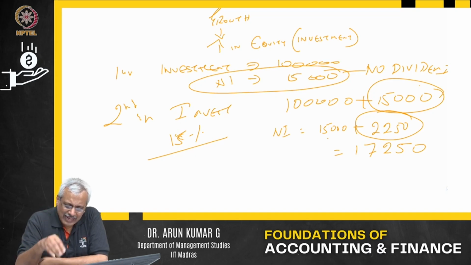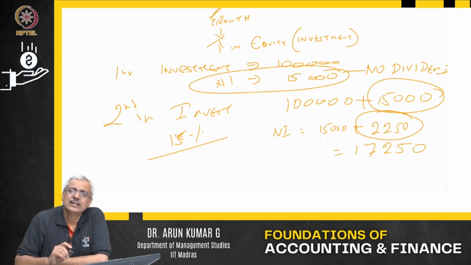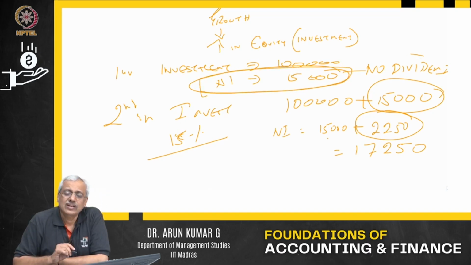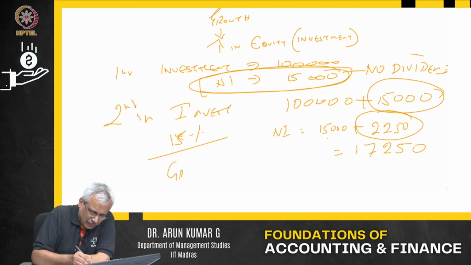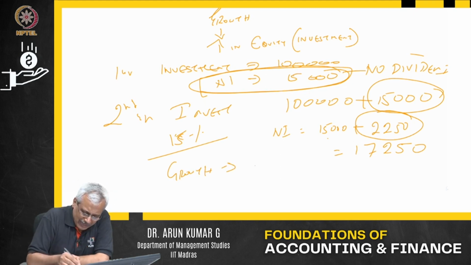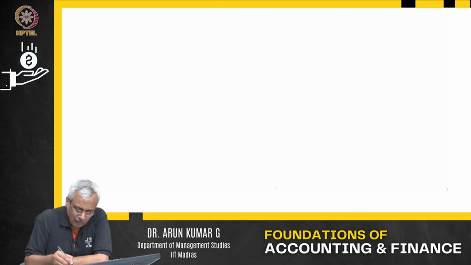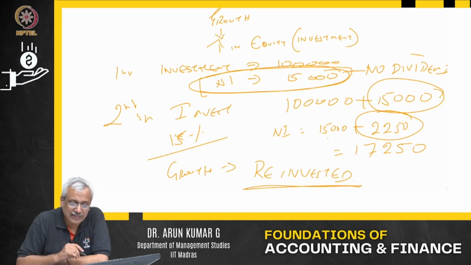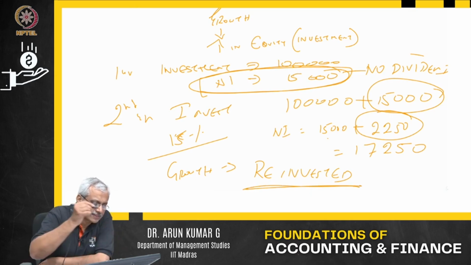So what happens? You are making an additional investment. The additional investment is because you did not give dividend and you retained your net income in the business. So typically growth comes from how much of money is being reinvested in the business.